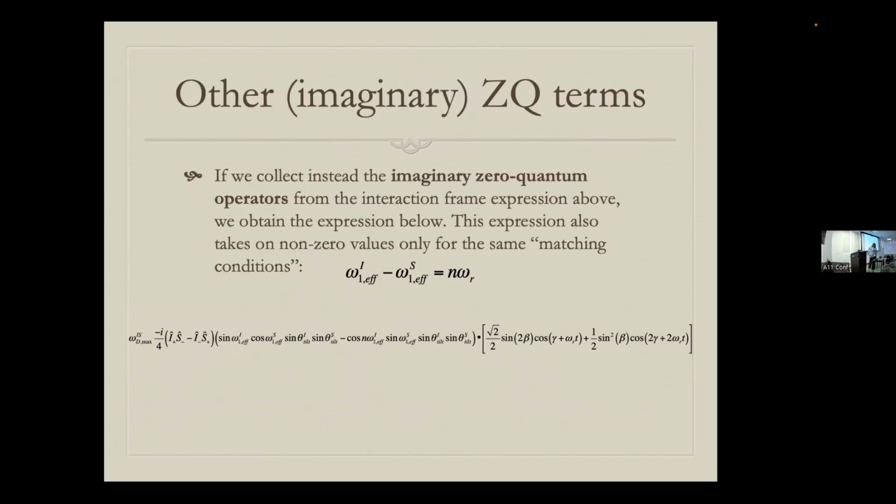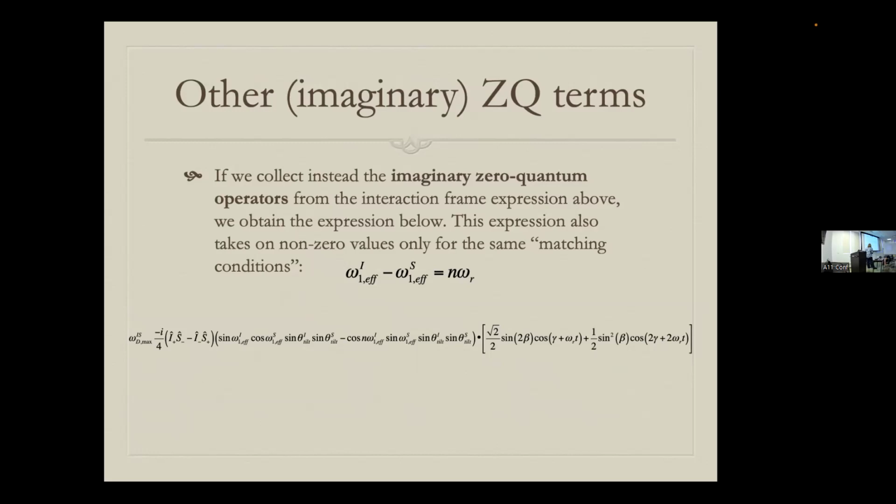Now, there are also imaginary zero quantum terms. I'm sorry, the font is so small. These expressions get quite long, but the imaginary zero quantum terms result from different Cartesian components in that first expression. But they are absolutely analogous.